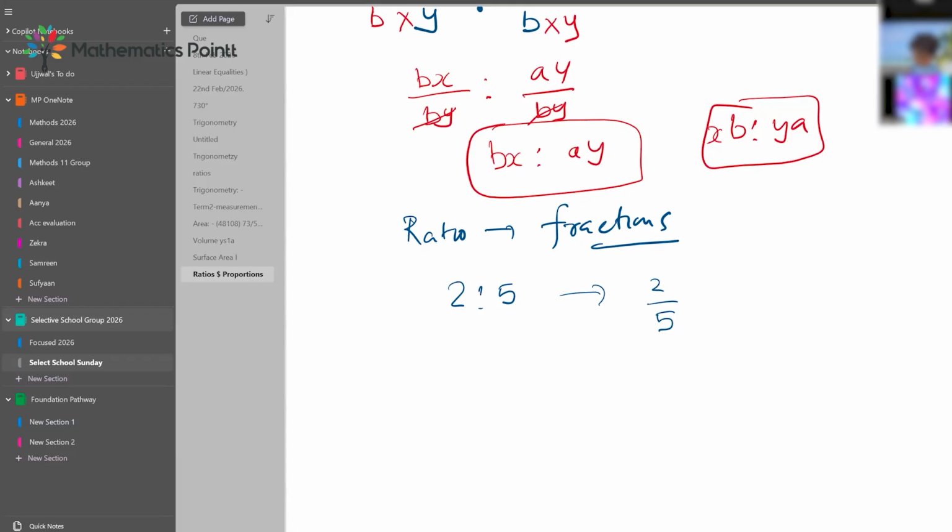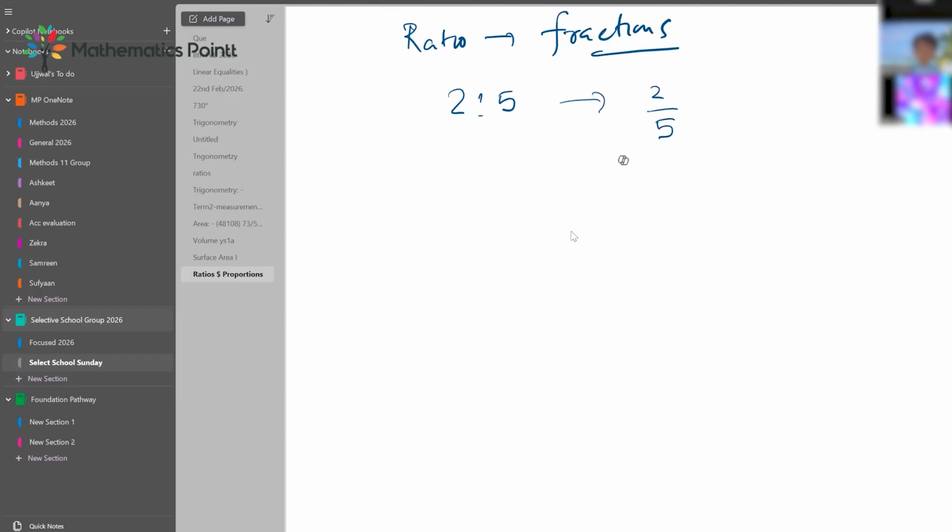Now, with that thought in mind, if I may ask you, a fraction on the fractions. 2/5 over 3/7.